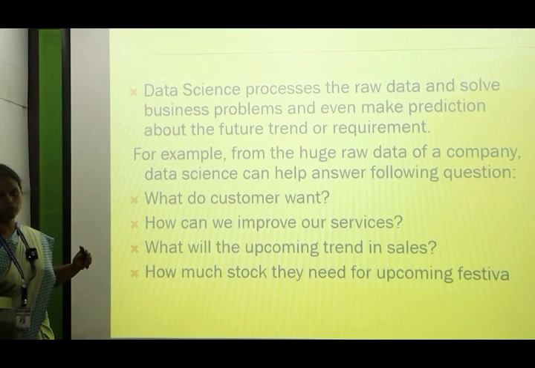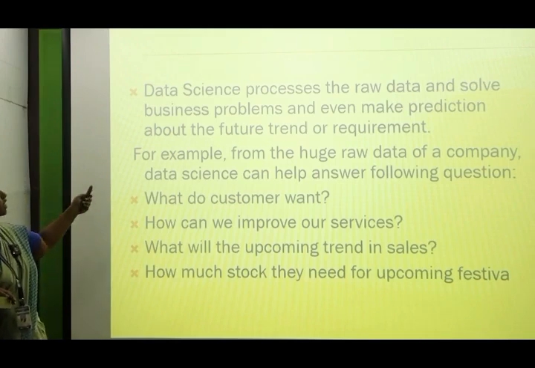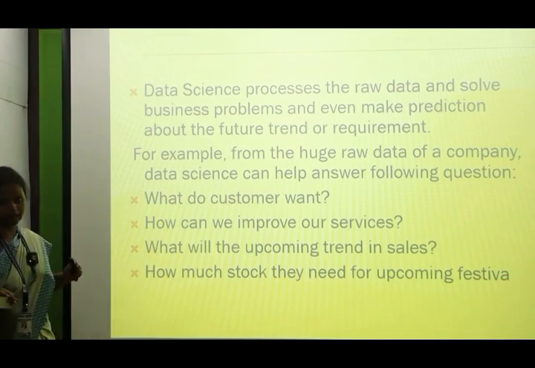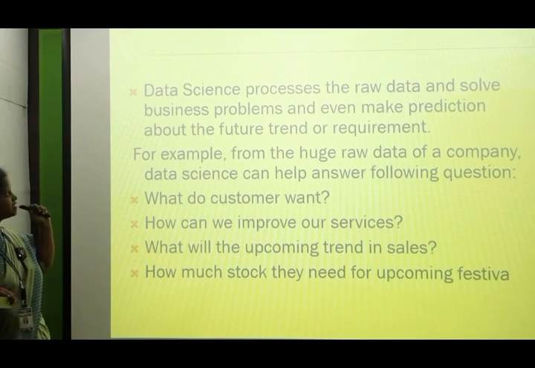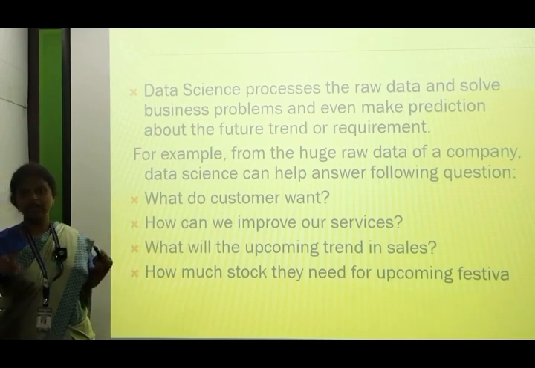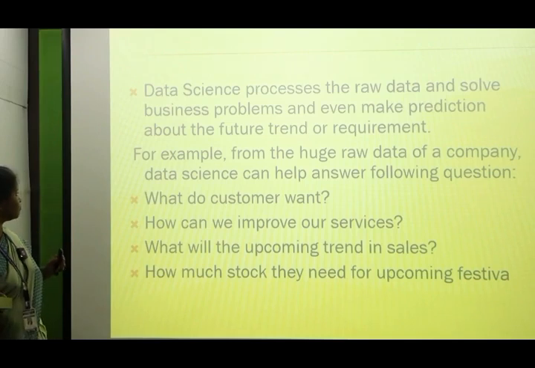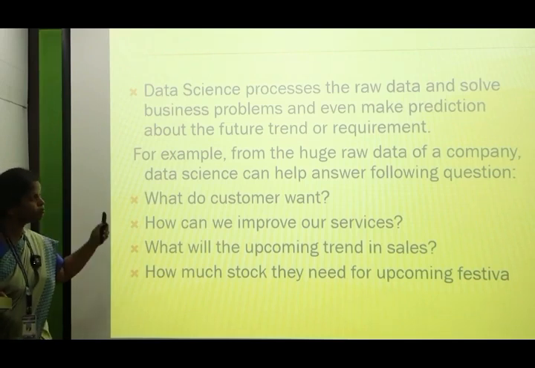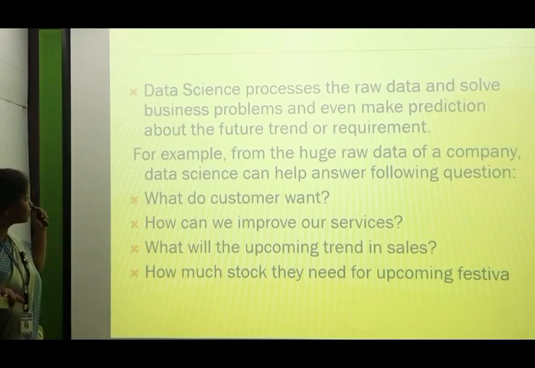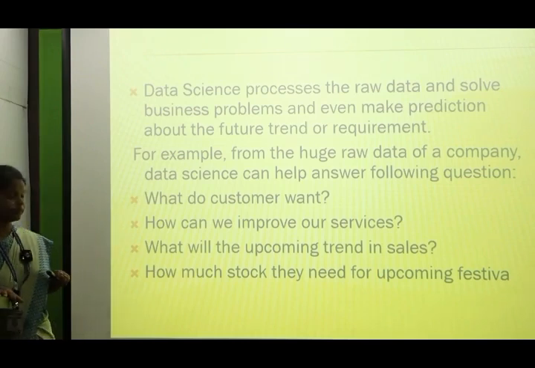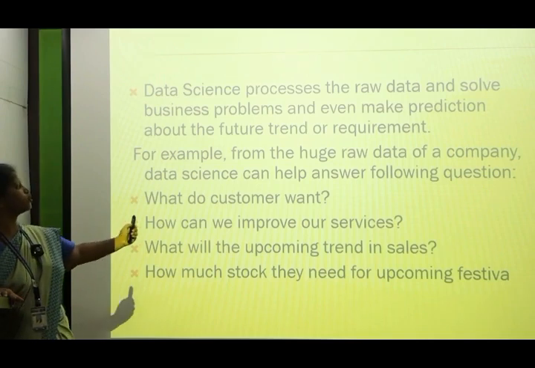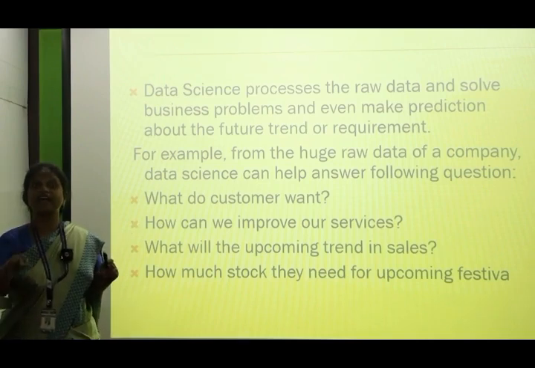Okay, so for example, from the huge raw data of a company, data science can help answer the following questions. What do customers want? How can we improve our service? What will be the upcoming trend? How much stock they need for the upcoming festival? Everything they can know.